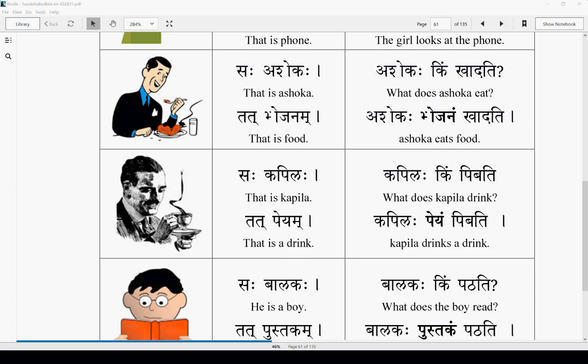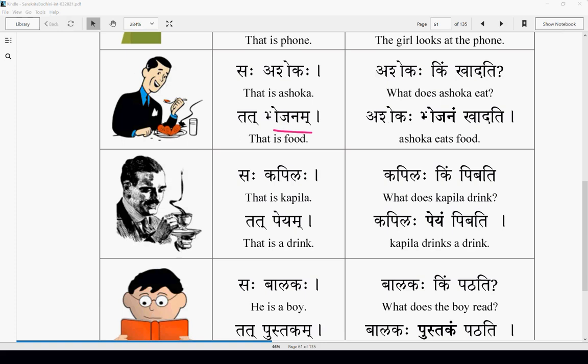Bhojanam, bhojanam. But how do we know whether it is a Prathama Vibhakti form or Dvitiya Vibhakti form? By looking at the sentence in context, in what role it is coming in the sentence. Saha Ashokaha tat bhojanam asti. If it is only that much, we know that it is a Prathama Vibhakti form.